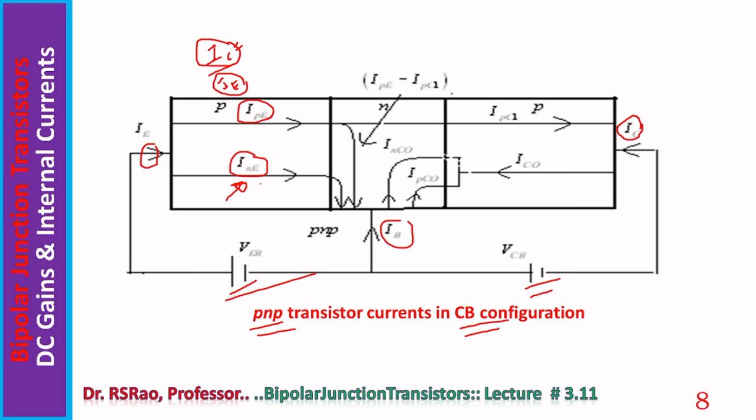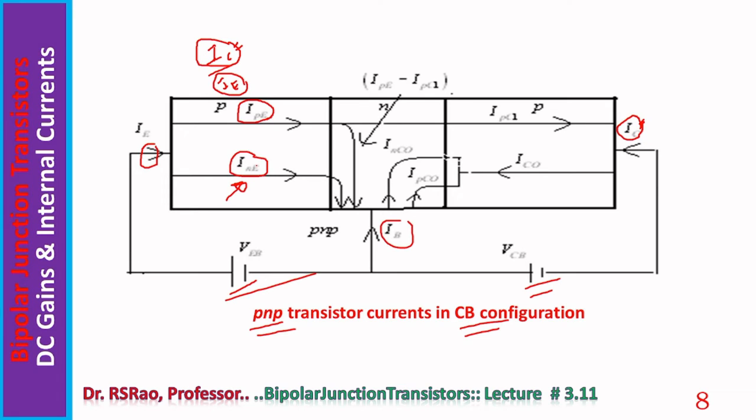Preferably it should not be there, but it is not possible to make it zero. However, one can reduce it to a small value. INE, as such, is not contributing anything to the collector current. It is a waste component. Not only that, its presence is causing an increase in IE.